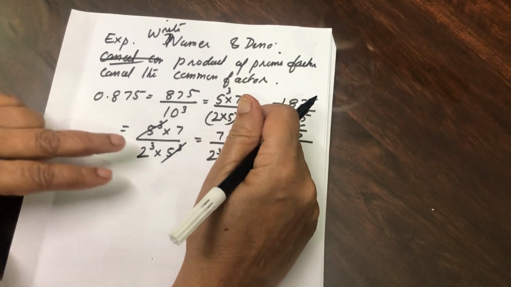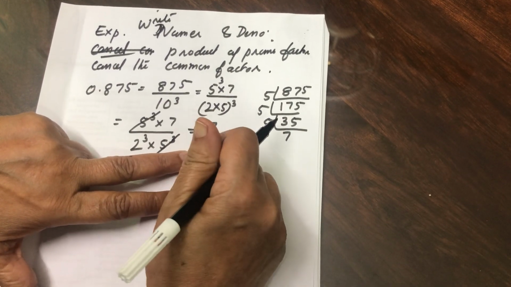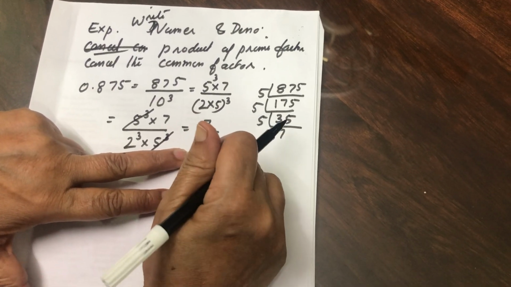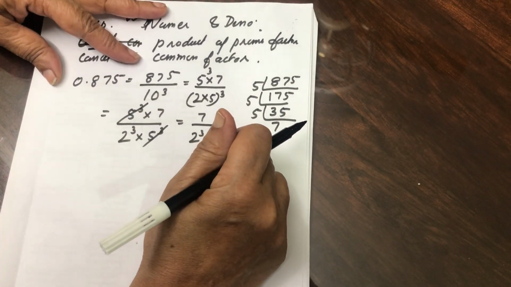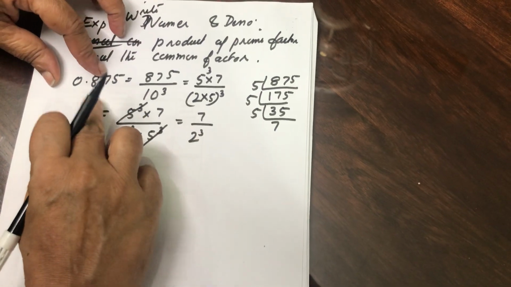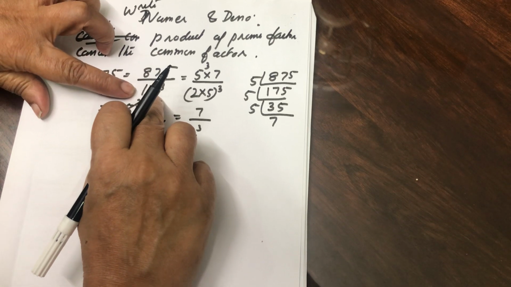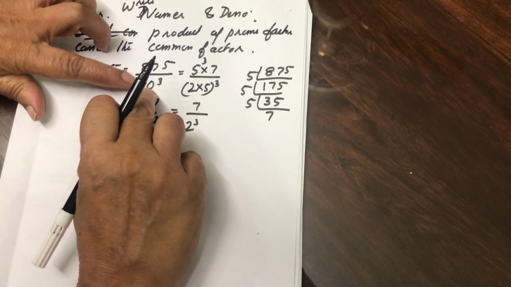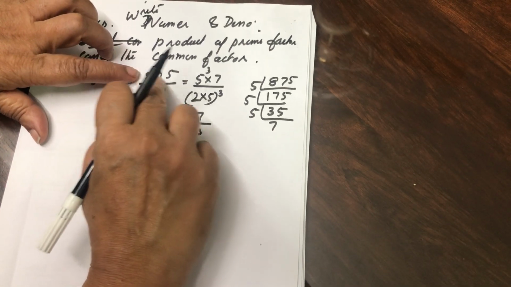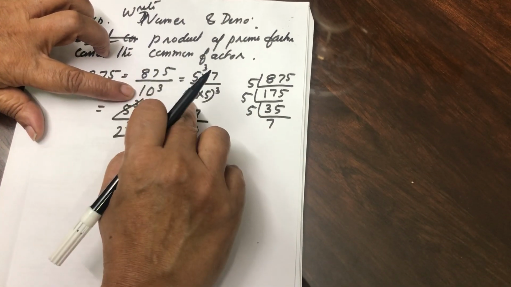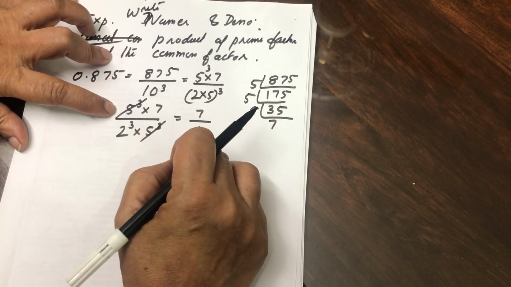So we are writing the prime factorization of the denominator in the form of 2 raised to m, 5 raised to n, where m and n are non-negative integers. So you first write it as a rational number with the denominator as a power of 10, and again you factorize the numerator and the denominator and cancel the common, then you get 7 by 2 raised to 3.